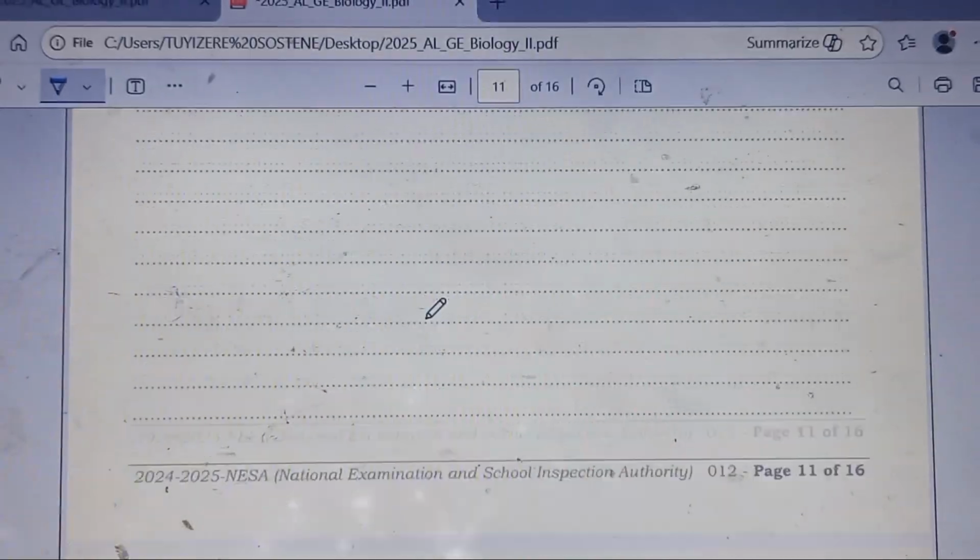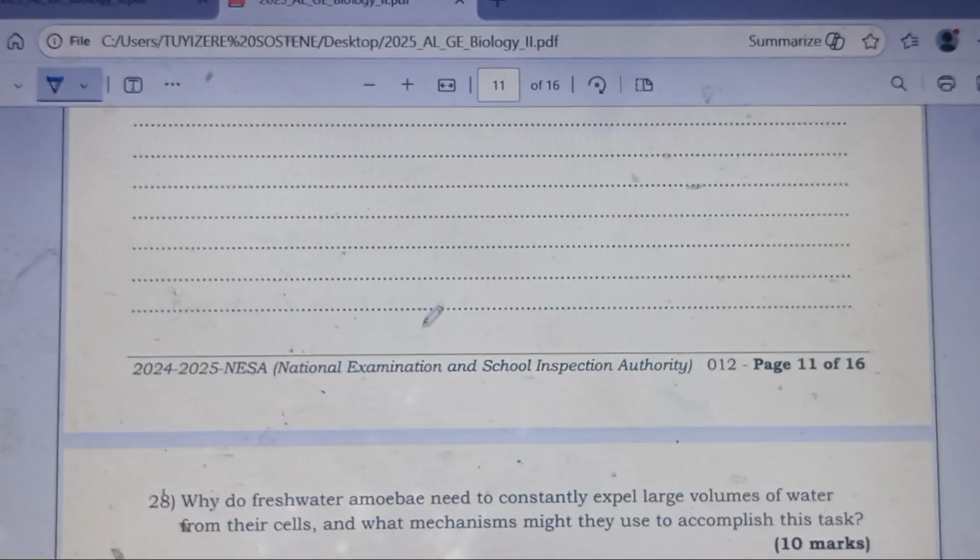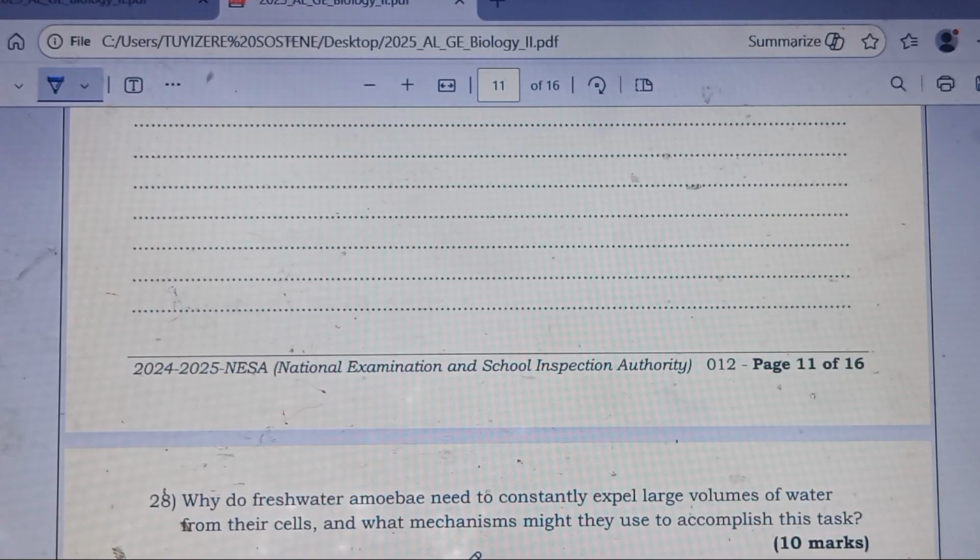Question number 28. Why do freshwater amoeba need to constantly expel large volumes of water from their cell, and what mechanism might they use to accomplish this?